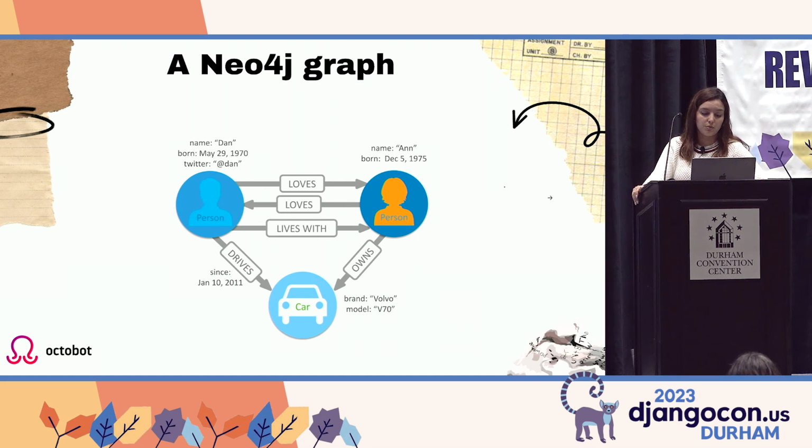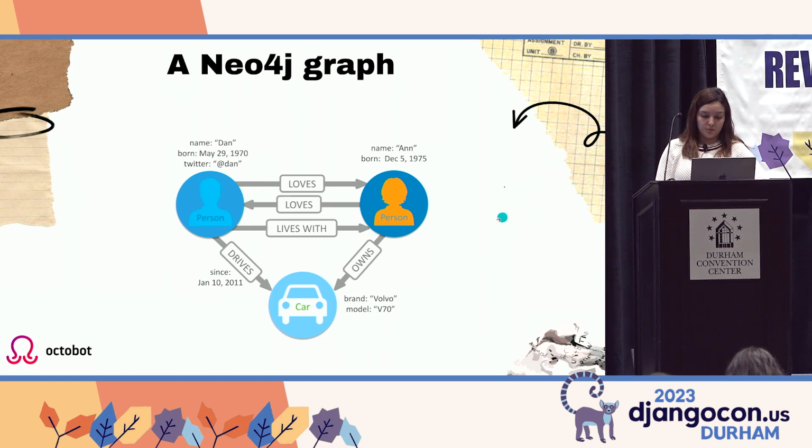For relationships, we have to define exactly one type, which in this case are loves and owns, for example, and we can have zero or more properties, like for example the model of the car, and the date of when it drives.